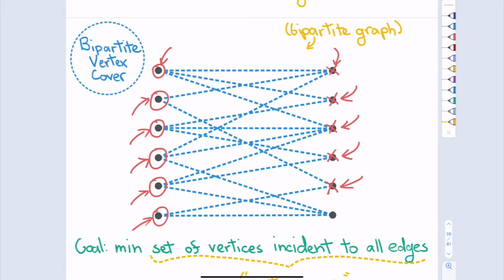So the appropriate analogy for 2-SAT would be: you want to satisfy every clause, but while setting as few variables as possible to true. And there's a good reason why you can actually solve 2-SAT.